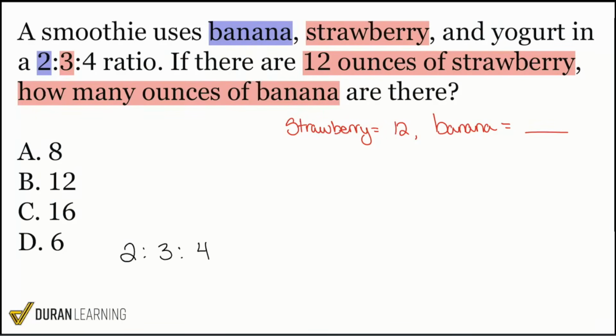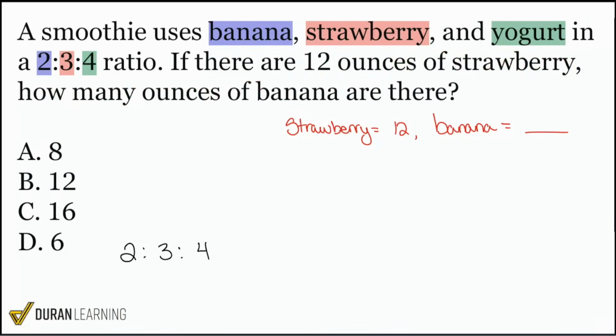And then the last item listed is yogurt, and that's where the 4 comes in. To make things a little more visible, I'll get rid of those 2 big red highlights so you can clearly see the comparison. So what I'll do is I'll make sure, again, this right here is banana. Middle is strawberry. And then lastly, we have yogurt.